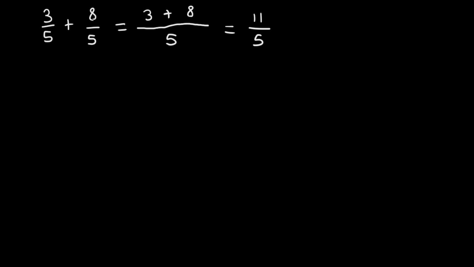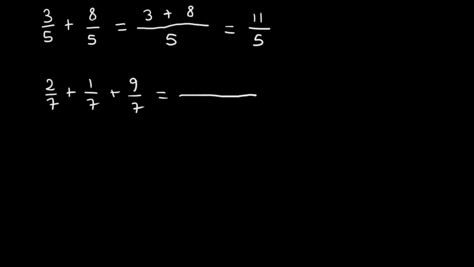Let's try this one. Let's say we have 2 over 7 plus 1 over 7 plus 9 over 7. So what do you think the result is going to be?